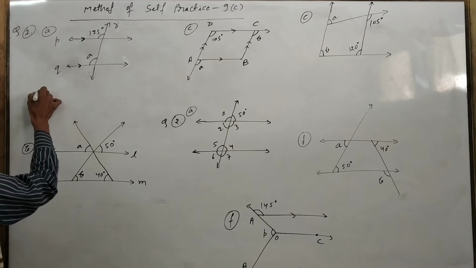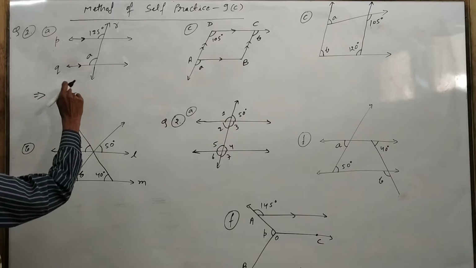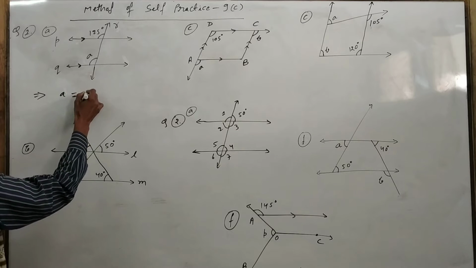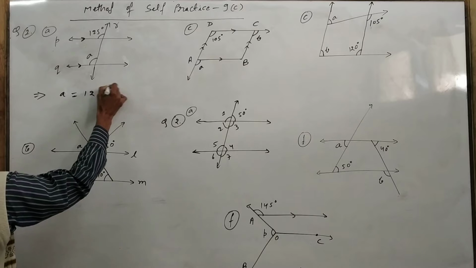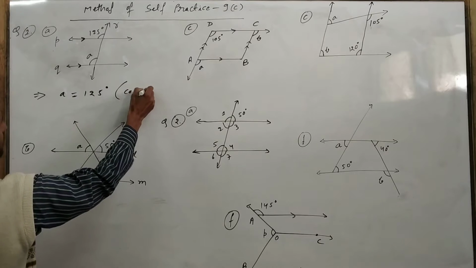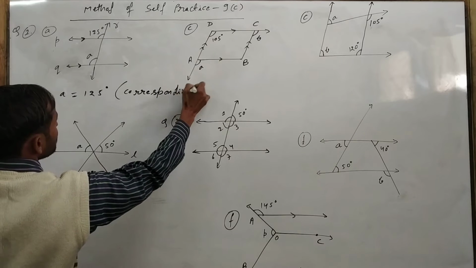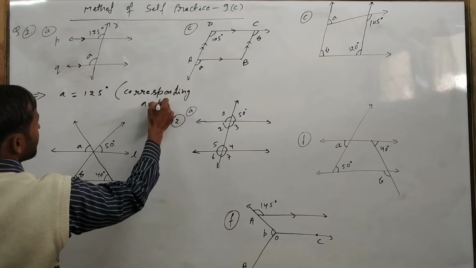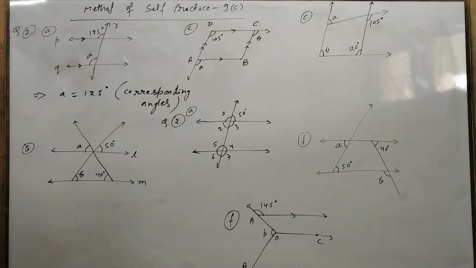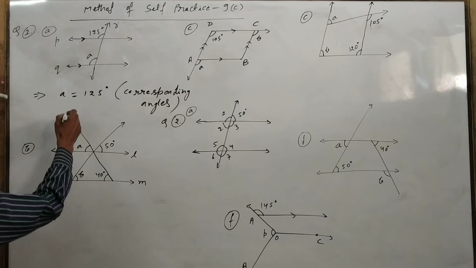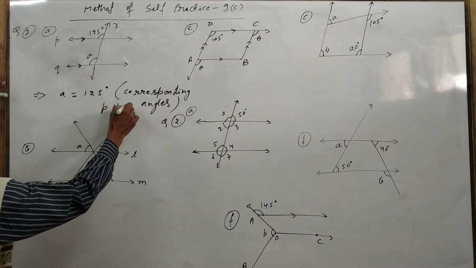So write the answer here: A is equal to 125 degrees. It is called corresponding angles, so the reason will be corresponding angles. That is why it is equal, because the lines are parallel. Here we will write P is parallel to Q.